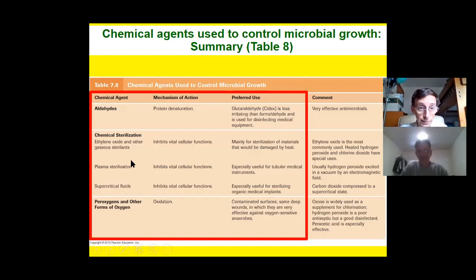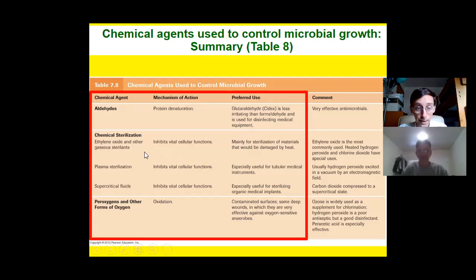Chemical sterilization happens. You can use a gaseous agent like ethylene oxide and other gaseous sterilants. They inhibit vital cellular functions, mainly for sterilizing materials that would be damaged by other sterilizing techniques like applying heat.